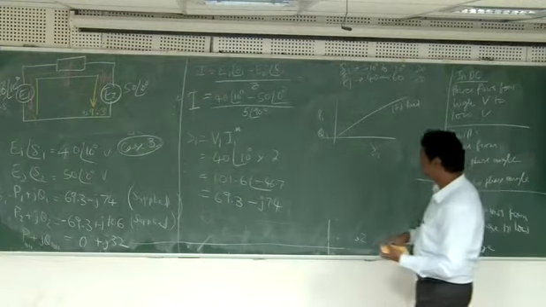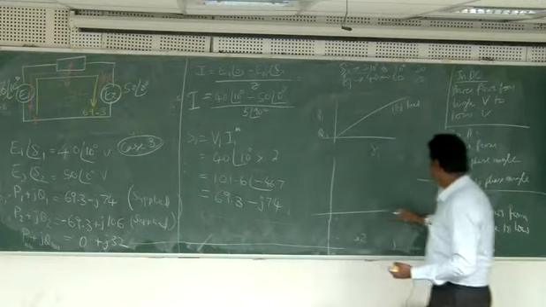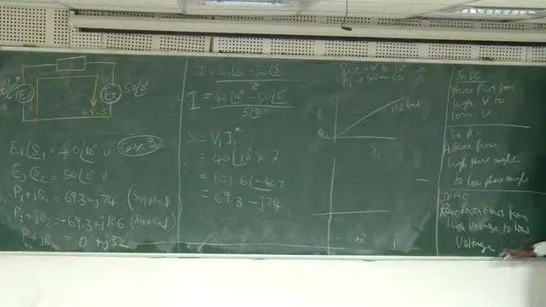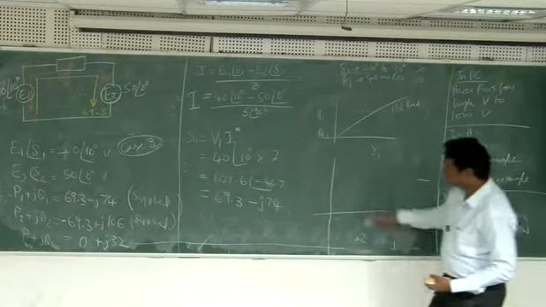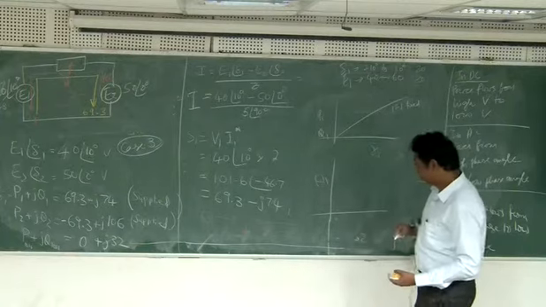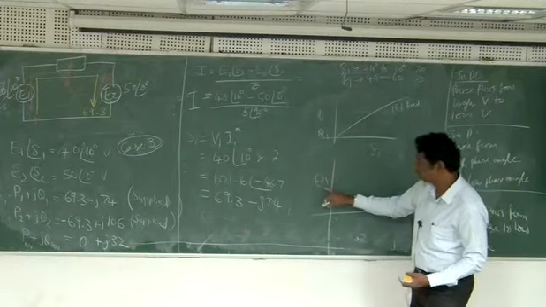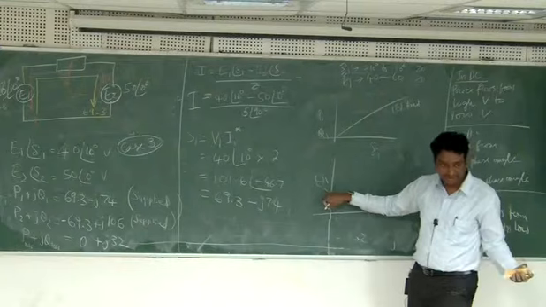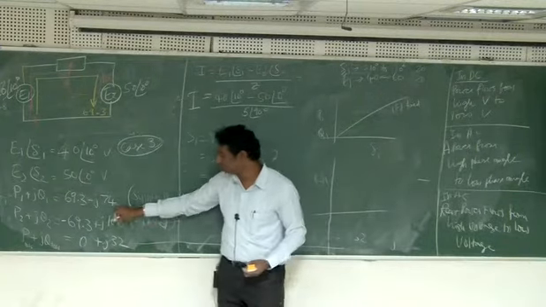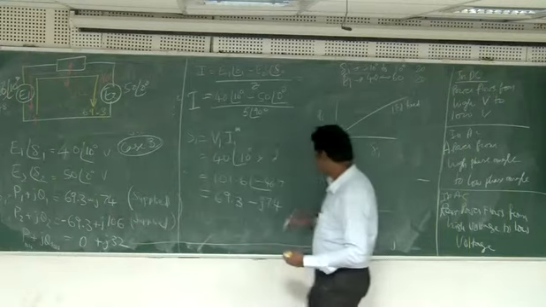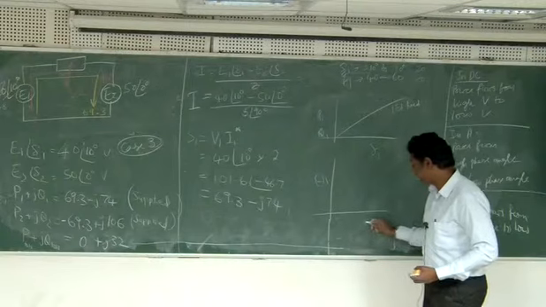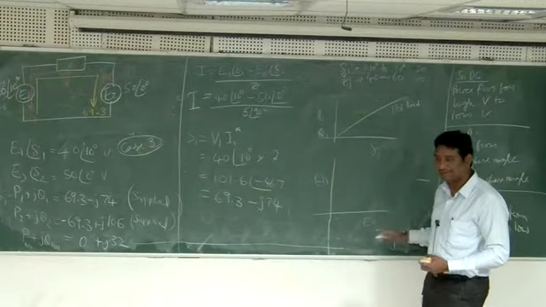Similarly, what is the other relation? You notice here, in AC, reactive power flows from high voltage to low voltage. You can verify that just by plotting Q1. If Q1 is positive, that means it is supplying reactive power. If Q1 is negative, that means it is receiving the reactive power. So whatever that Q1 value is, and here you can see the magnitude of E1.